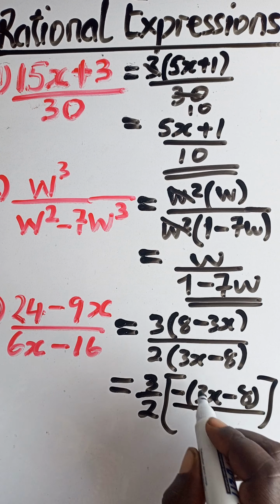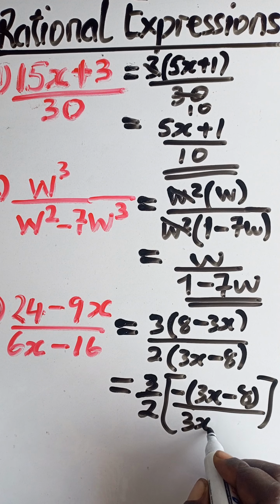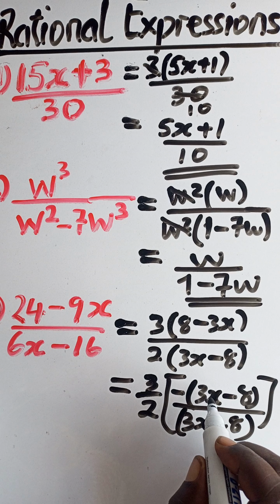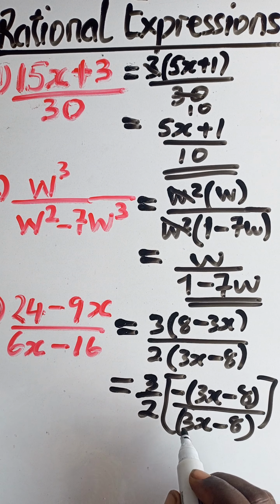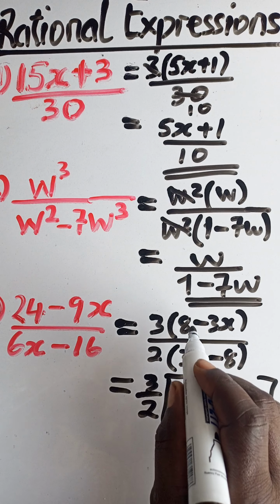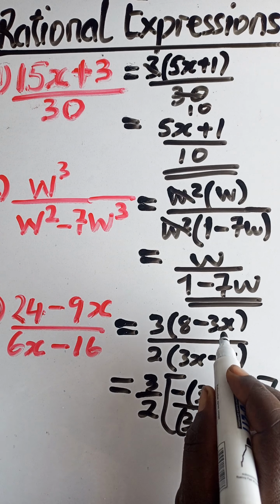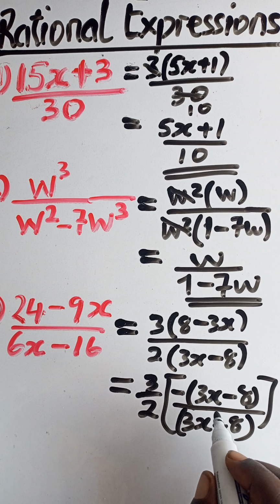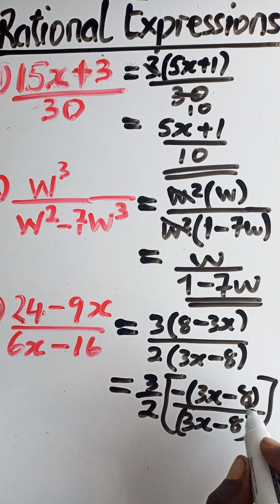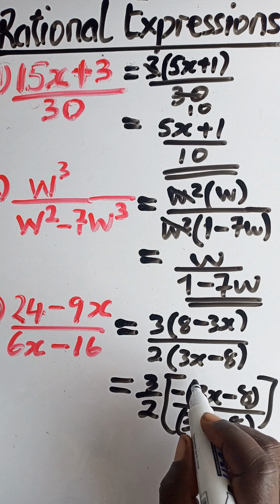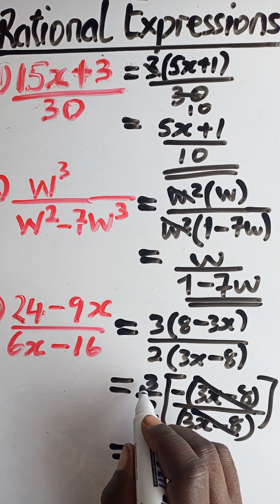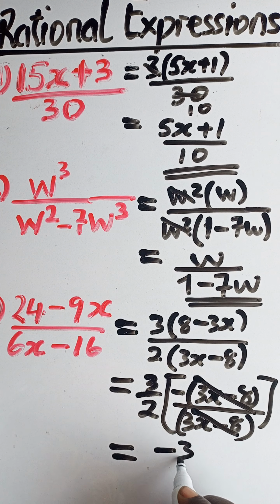And if that is carefully done in this exercise, we'll realize that the numerator is actually negative times 3x minus 8, because if we open out this bracket, negative times 3x will be negative 3x, negative times negative 8 will be positive 8. And then finally, what do we see? We have 3x minus 8 all over 3x minus 8, which cancels out. And finally, we have this negative sign multiplied to 3 all on 2 to give us our final answer as negative 3 all on 2.